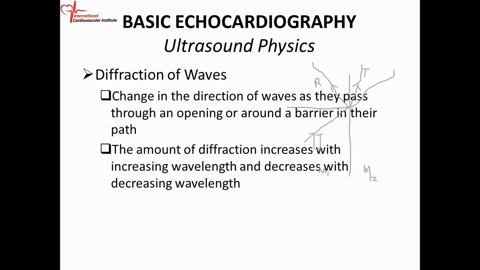That is why we can hear someone who is at a little distance around a corner and talking, because the sound wave diffracts around the corner and travels to us. So diffraction is the change in direction of waves as they pass through an opening or around a barrier in their path.